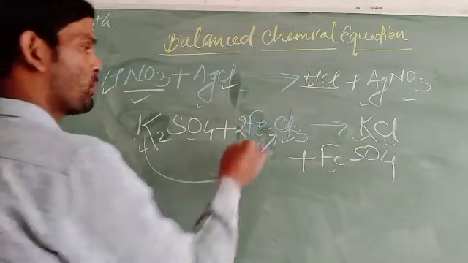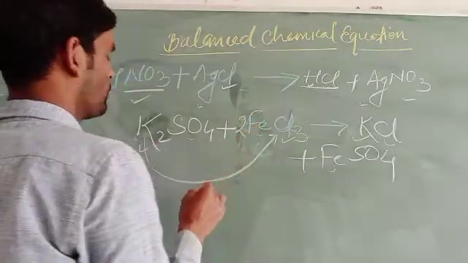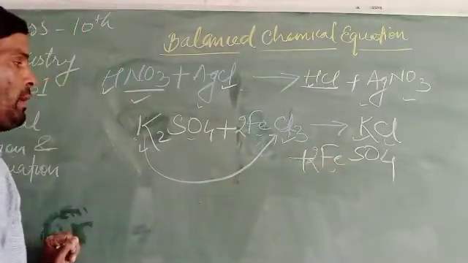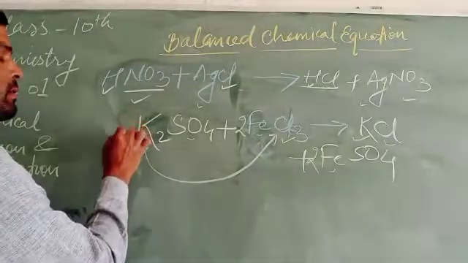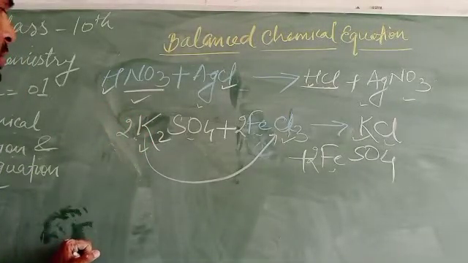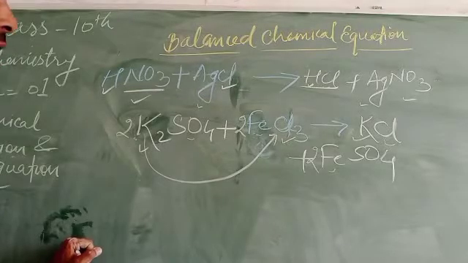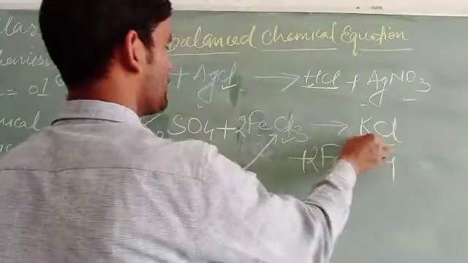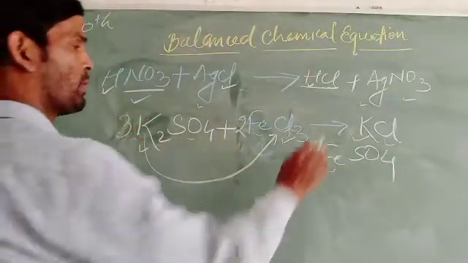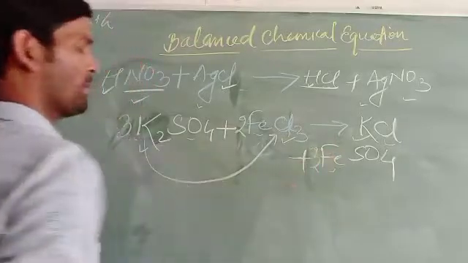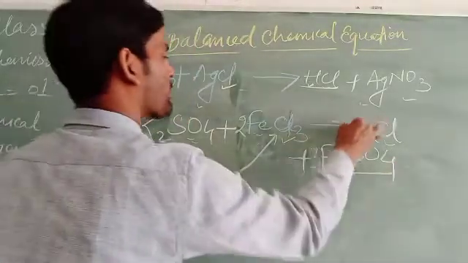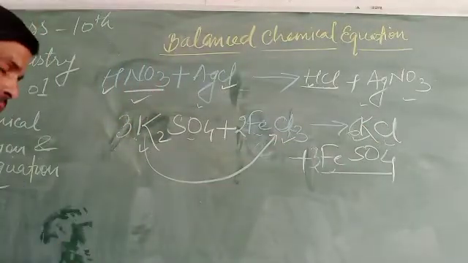If it is two molecules, the sulfate gets two molecules, and two molecules of potassium. So KCl is 2 times 3 is 6, K is equal to 3. So it will be 3 molecules of ferrous sulfate and 6 molecules of potassium chloride.